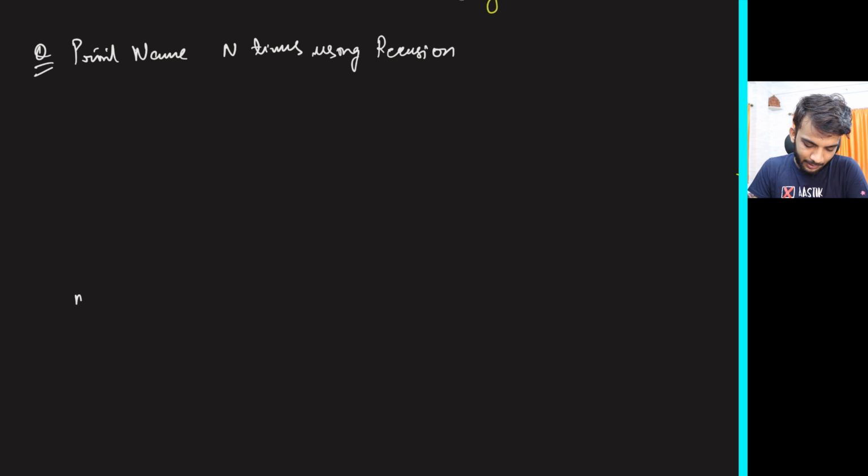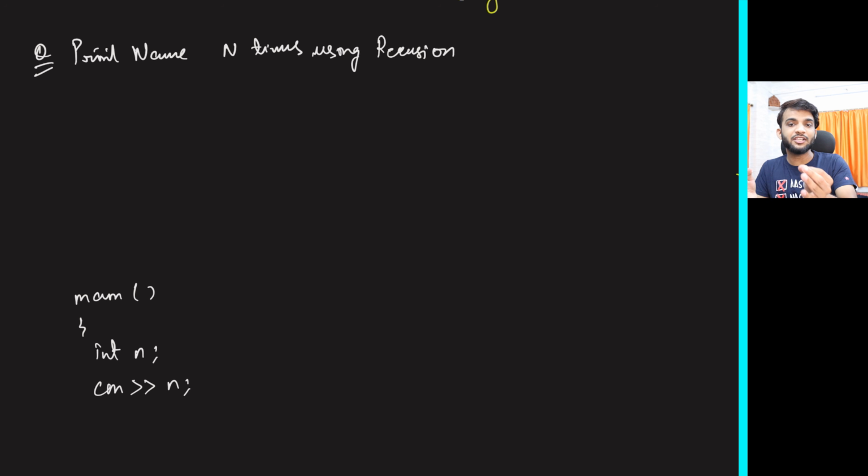There will definitely be a main which will be calling print. I'm saying n times, so you can take the n from the user. In Java, it will be Integer.parseInt, and then you can call a function with probably 0 and n.